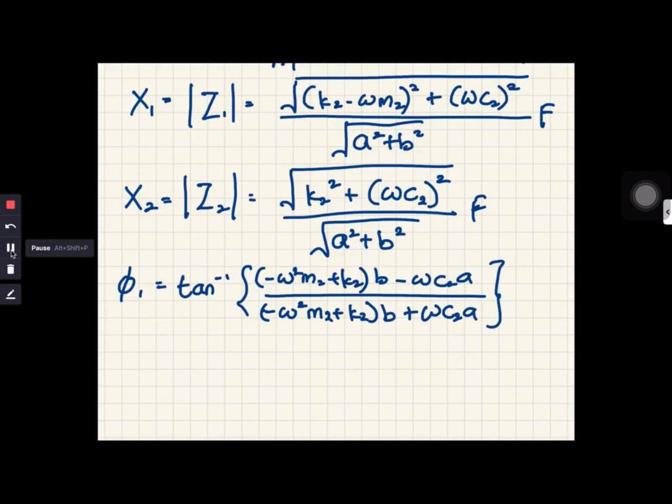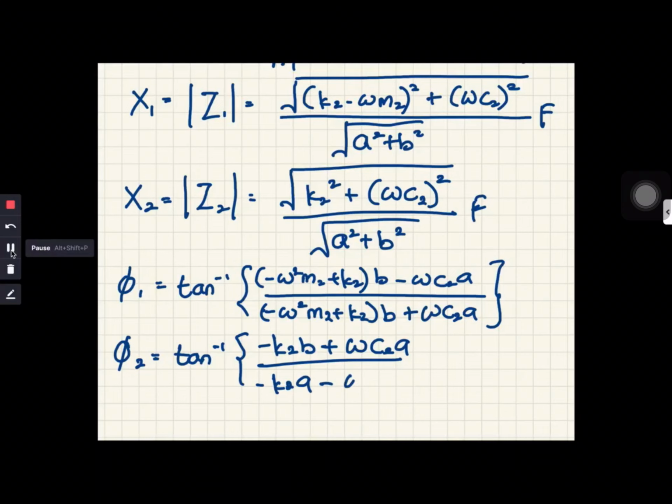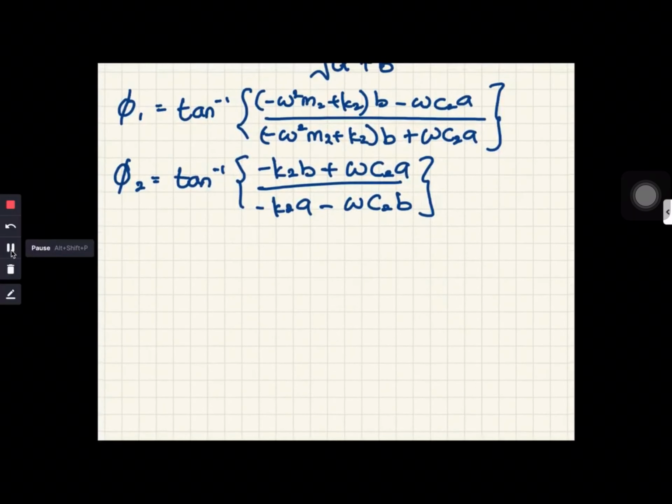This is the first one, phi 1, and phi 2 you can represent as inverse tangent of minus k2 b plus omega c2 a divided by negative k2 a minus omega c2 b. Okay, so what is A and B?